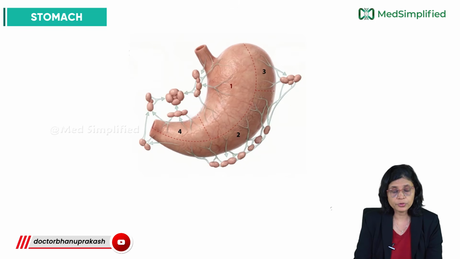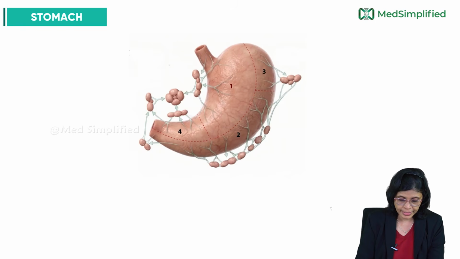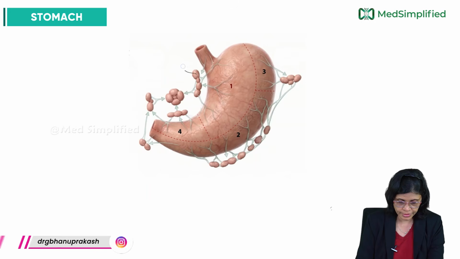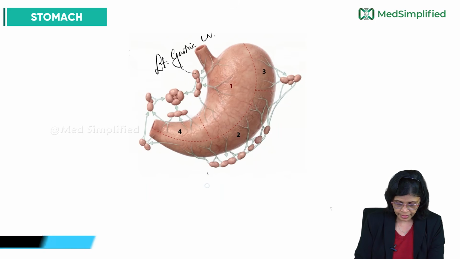From the upper 2/3 of the stomach, it drains into the left gastric lymph nodes. And from the lower 1/3 of the right part, it drains into the right gastroepiploic group of lymph nodes.